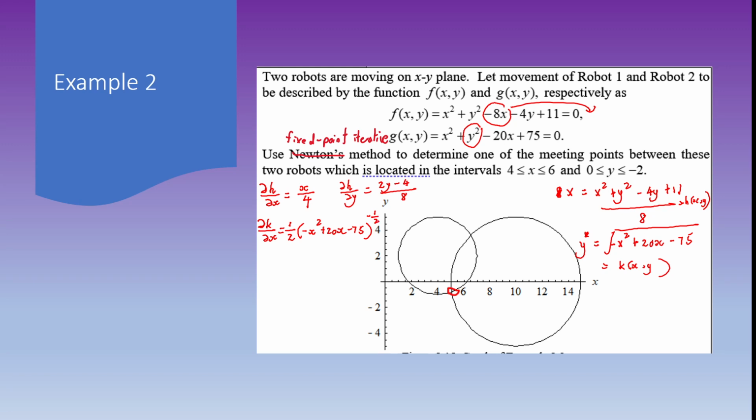And then you differentiate the function inside the square root, so you have negative 2x plus 20. Or you simplify it, half simplifies with here, you got negative x plus 10. Negative half is actually bringing the square root down to the denominator.